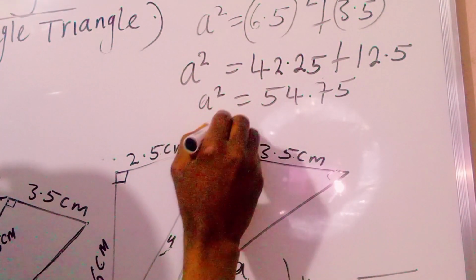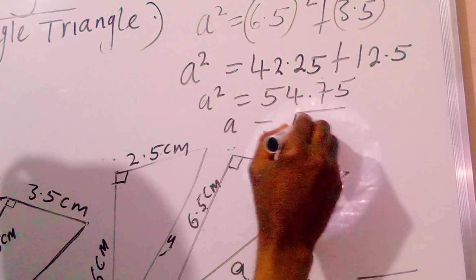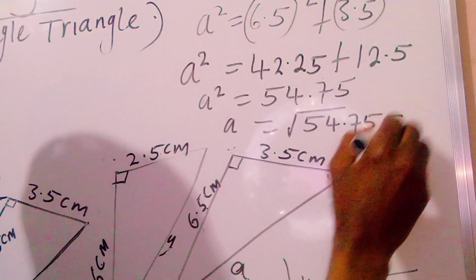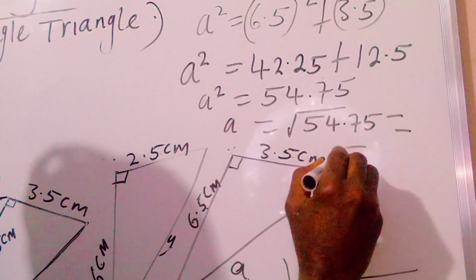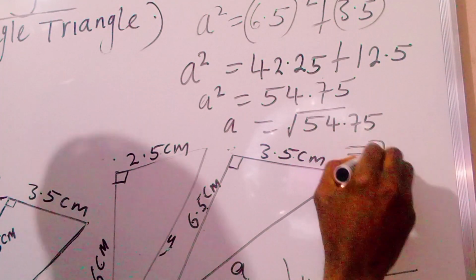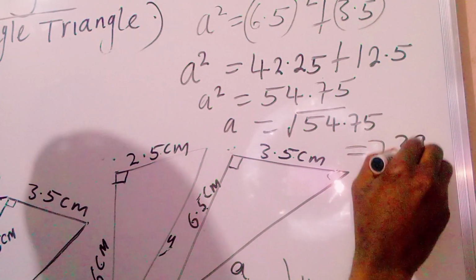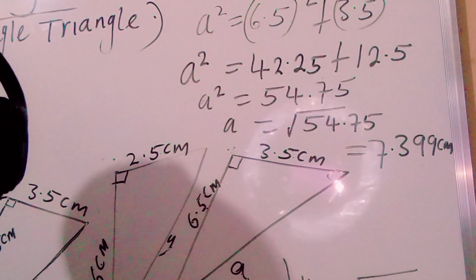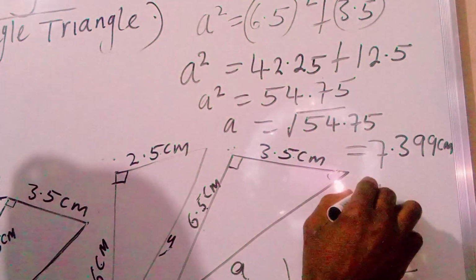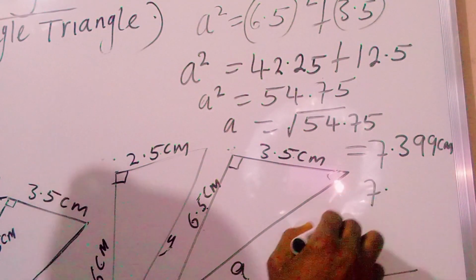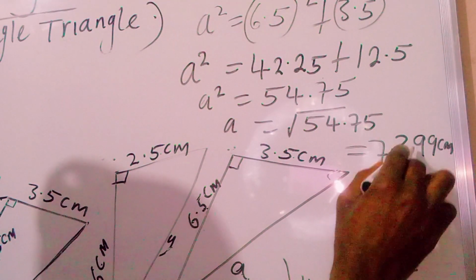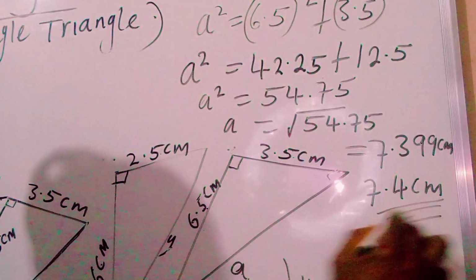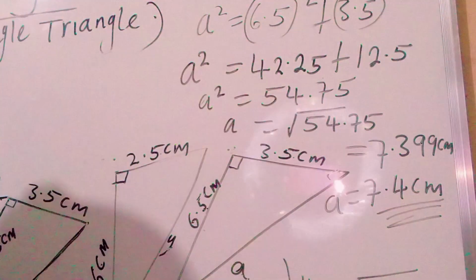Taking the square root, you're going to have the square root of 54.5, giving you 7.399 centimeter. You can approximate to one decimal place to give you 7.4 centimeter. That is how to solve for side A. A equals 7.4 centimeter.